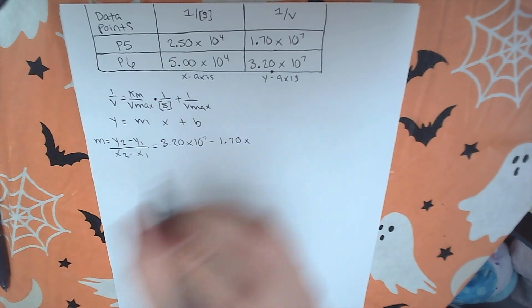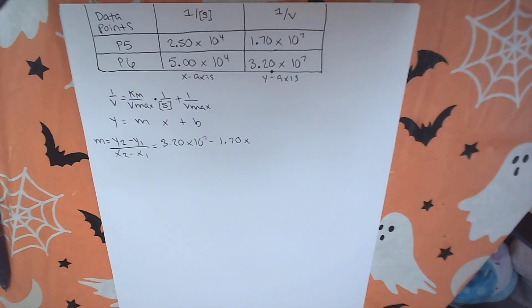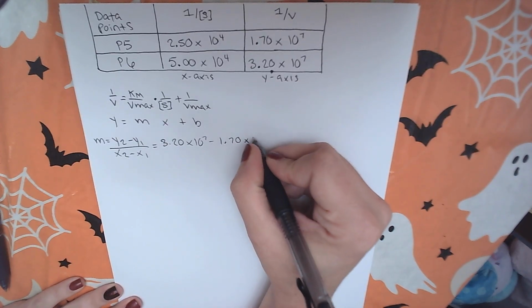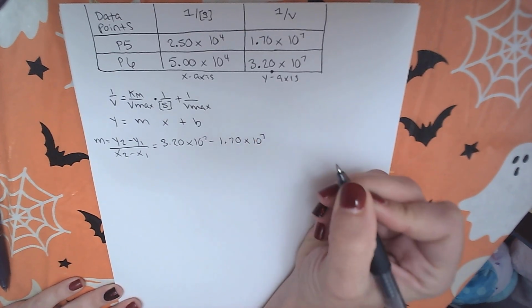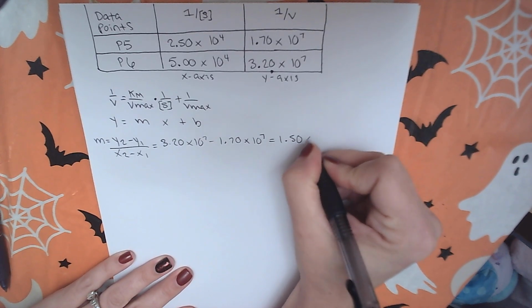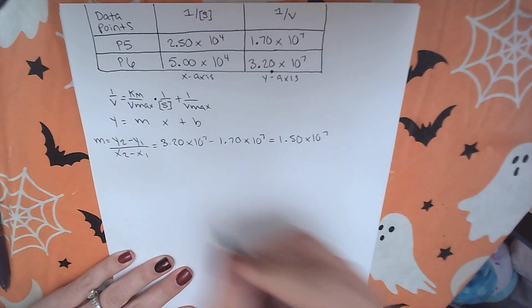Sorry, computer did something weird. 1.70 times 10 to the 7. Right, that's going to be 1.50 times 10 to the 7.